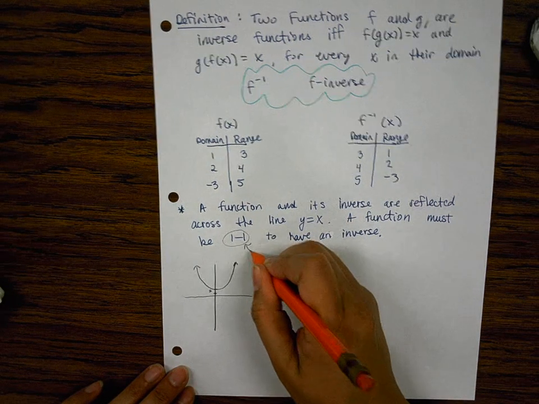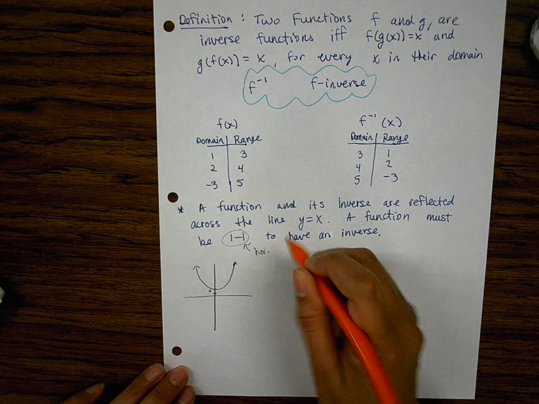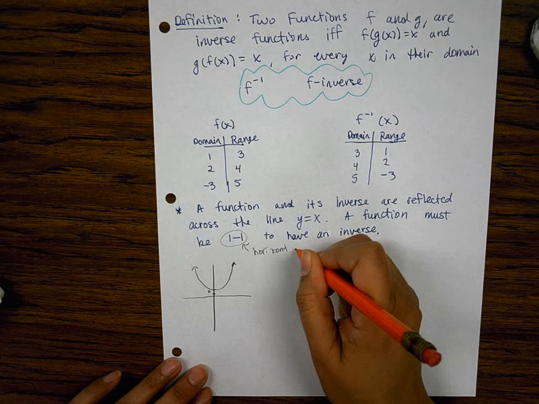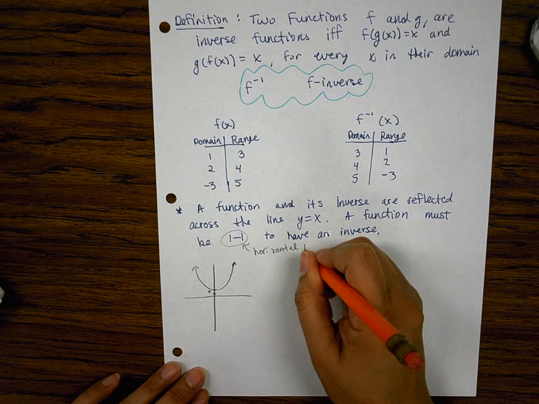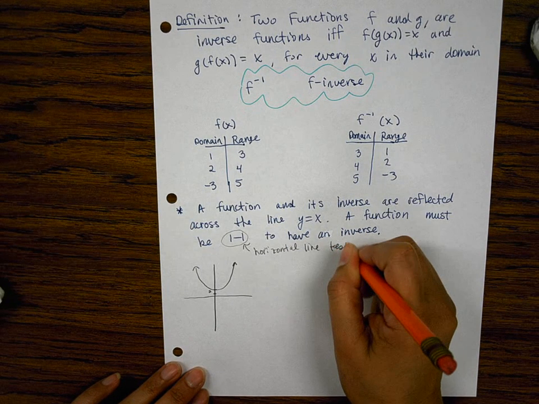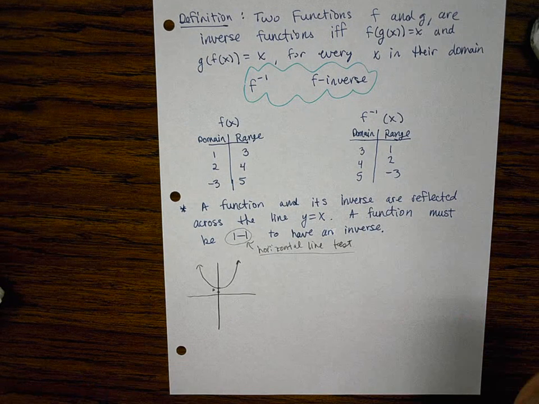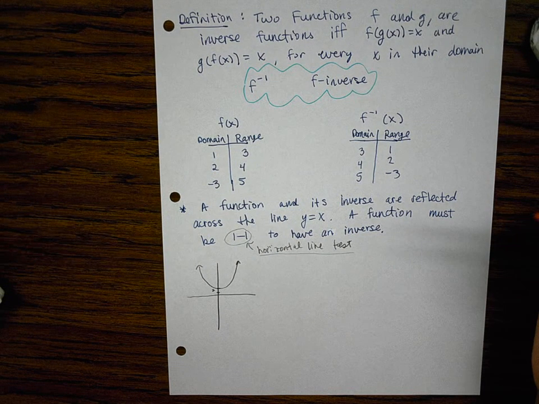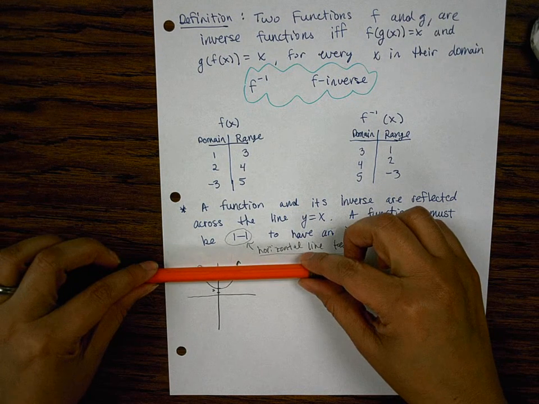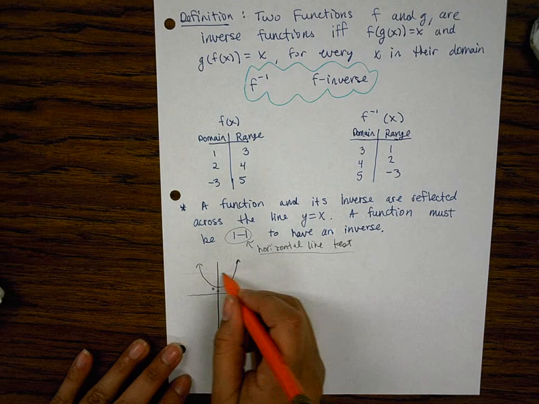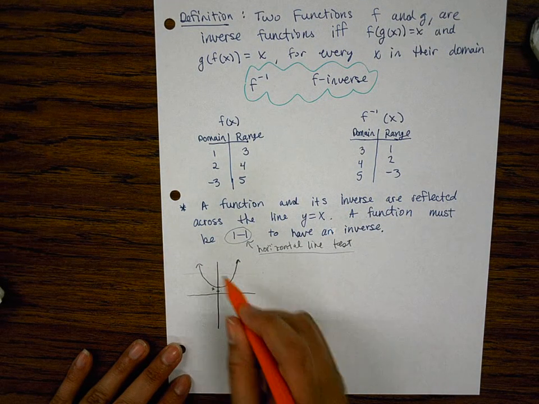Now, to test it for a 1-to-1 function, you do what's called the horizontal line test. It has to pass the horizontal line test in order to have an inverse. And you can see that this parabola does not pass the horizontal line test.